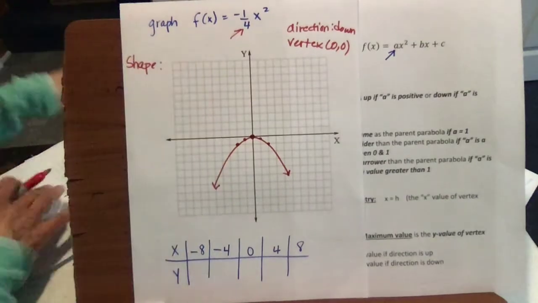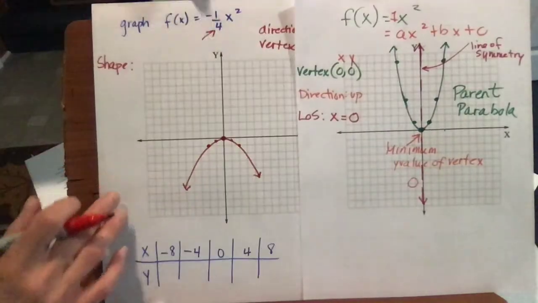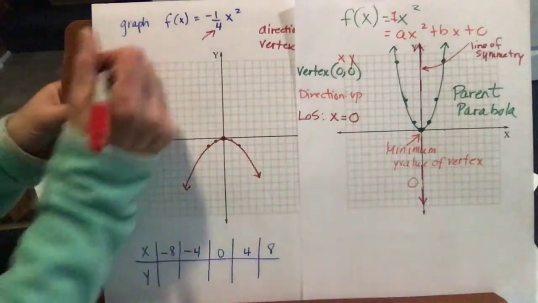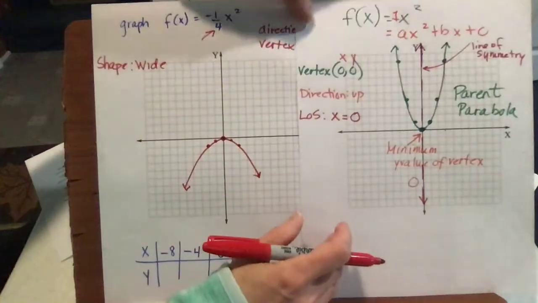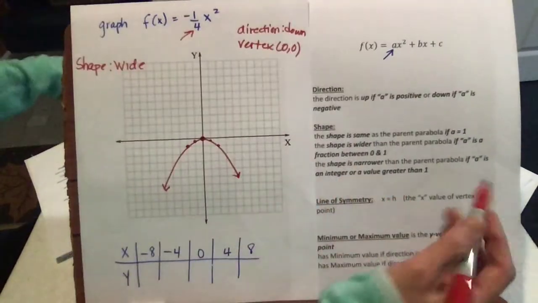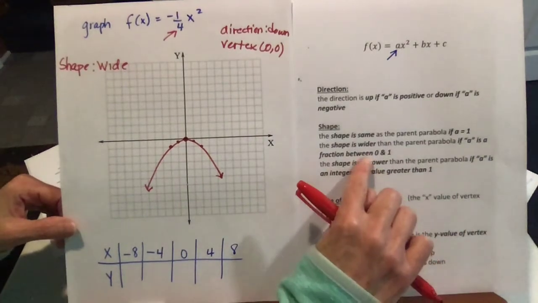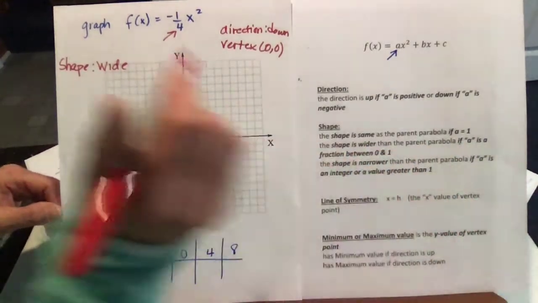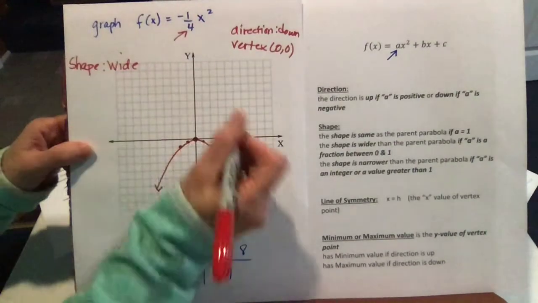Compared to the parent parabola, is it wider or narrower? And you can see it's much wider. So the rule is when your a value is a fraction between 0 and 1, it's going to be wide. Okay, so there's your rule. All right, next we need, is it a min or a max?